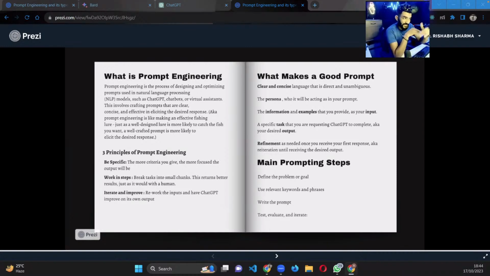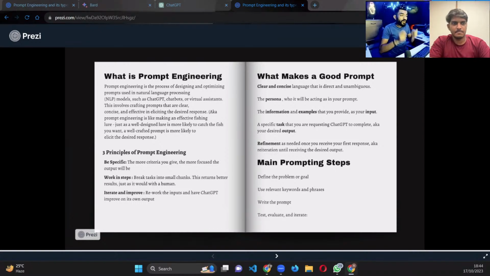And then comes that you have to tell your AI model what exact task you want it to perform, right? It might be that your whole prompt is clear, your whole problem is clear, but your model doesn't know what exactly is the task it has to do. Then will you get the right output?